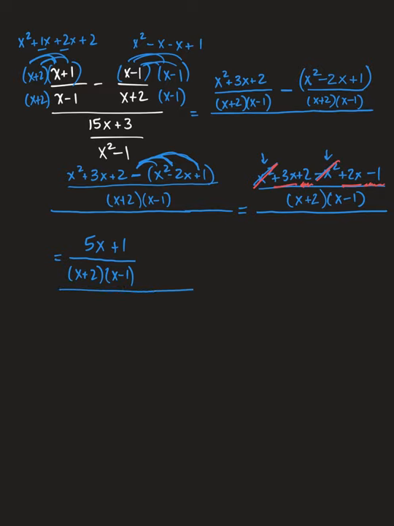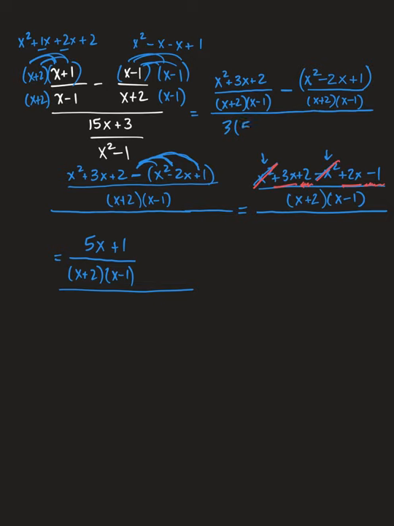So that's the numerator. Now I come back to here, 15x plus 3 over x squared minus 1. There's no fractions to combine here, which is nice for us, but there is some factoring that we can do. I notice that there's a common factor of 3 in 15x plus 3, so I'm going to factor a 3 from that expression.